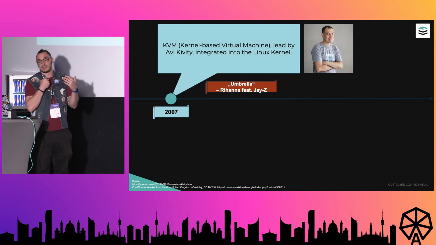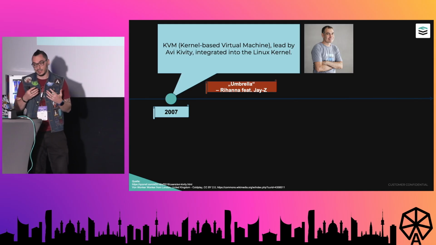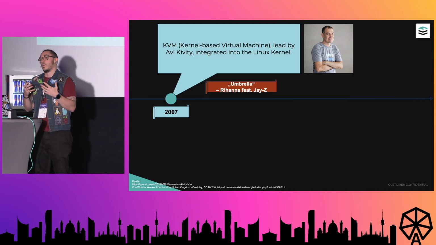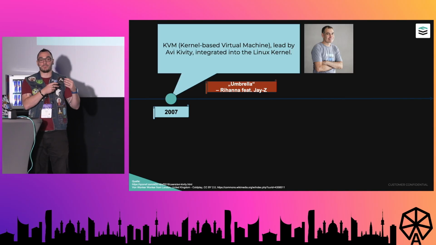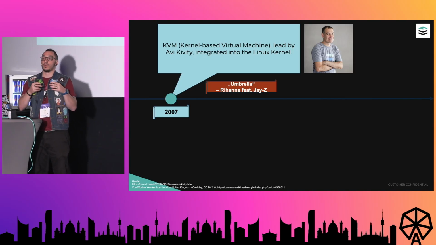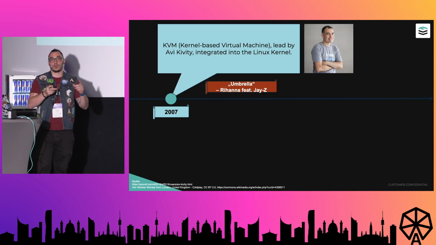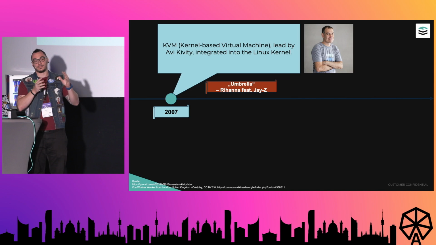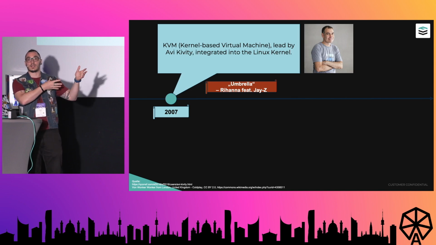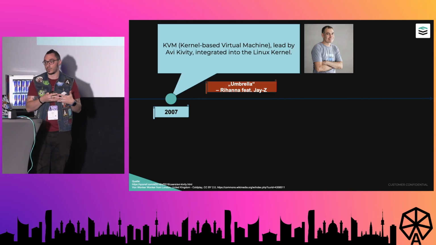Then we had the team around Avi Kivity, an Israeli programmer, who actually developed KVM, the kernel-based virtual machine module for the Linux kernel, which makes Linux a hypervisor. I think some of you were at the talk before by Rainer Kugler, where we discovered Kubernetes, which is a KVM QEMU-based hypervisor.